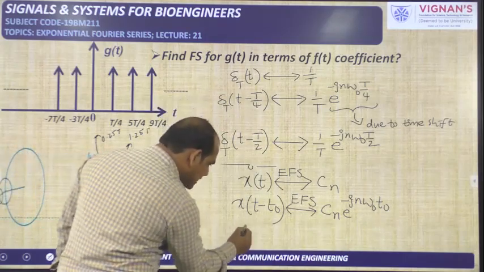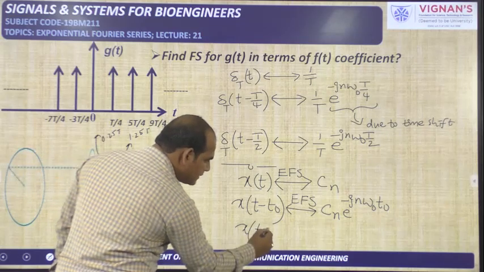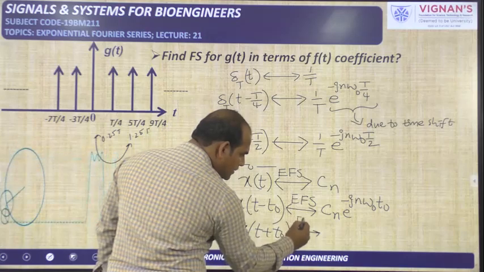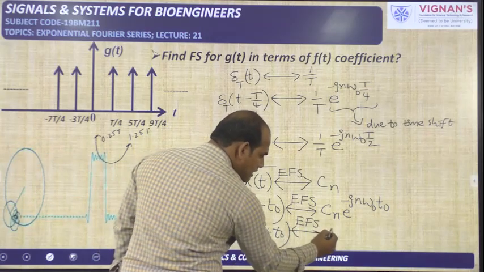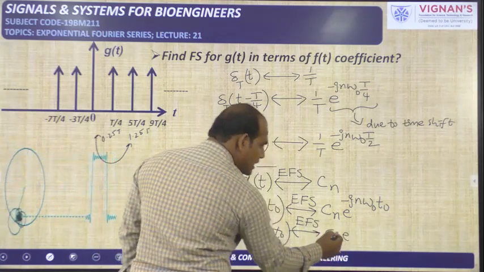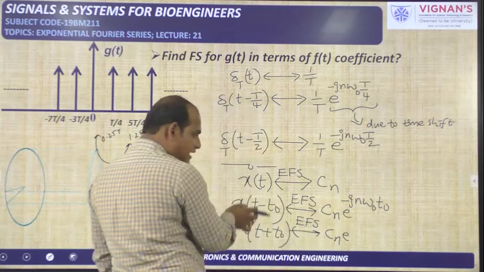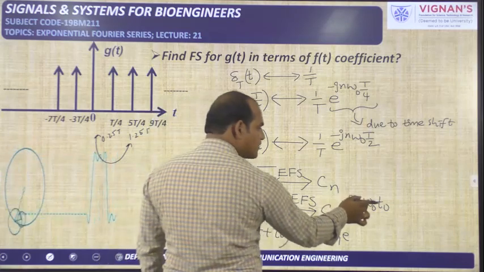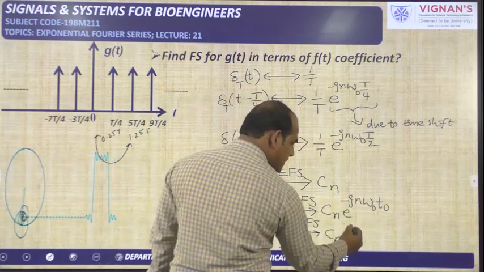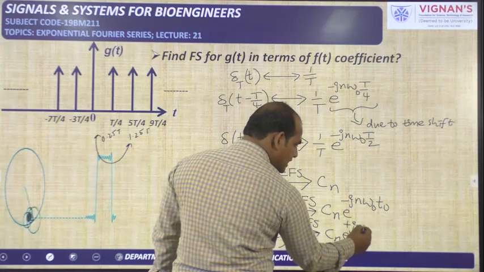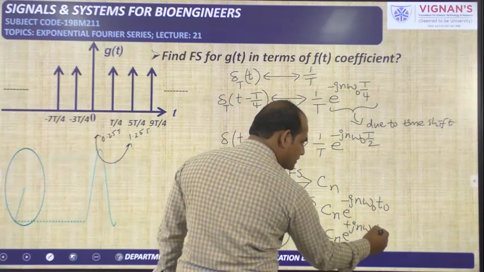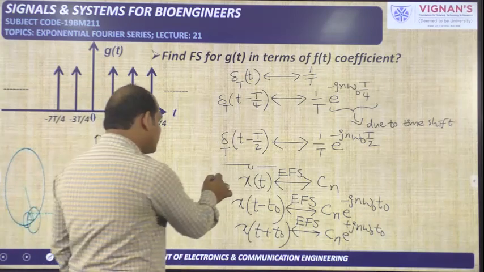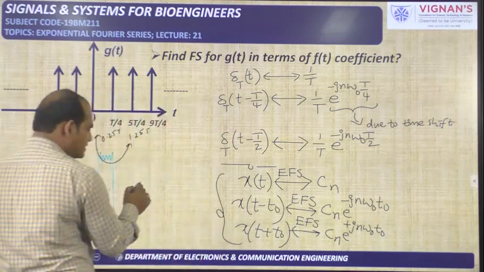That means I can also write x of t plus t naught. x of t plus t naught has the coefficient C n into e power, it will come plus, because here you see t minus t naught. So if you keep minus t naught, minus will become plus: e power j n omega naught into t naught. Okay, so this is the time shifting property of the Fourier series.